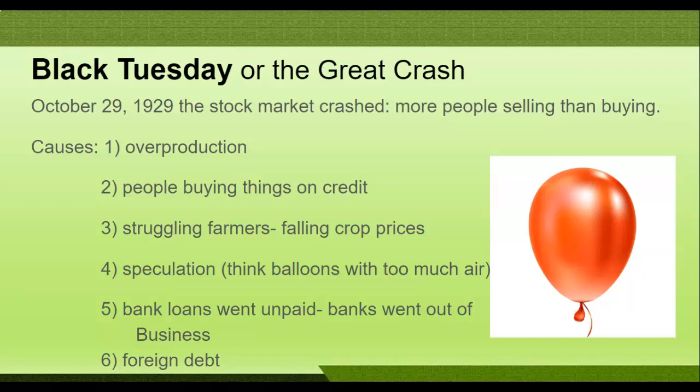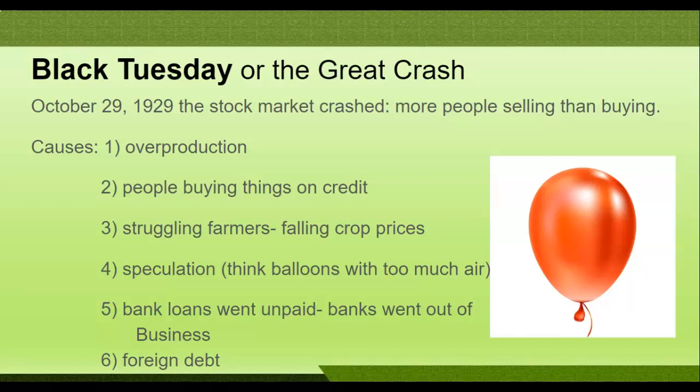One of them is overproduction, which means the factories are making too much. They're making more than people are buying, which doesn't seem like a big deal, but if factories are making too much and people aren't buying, then they're not getting a profit. They're not making money.